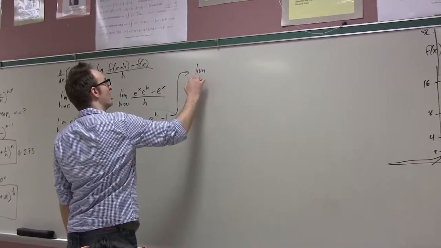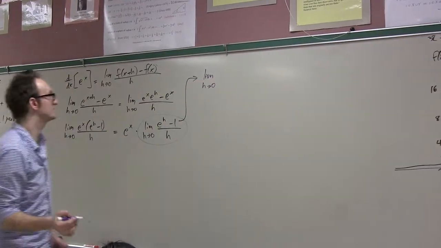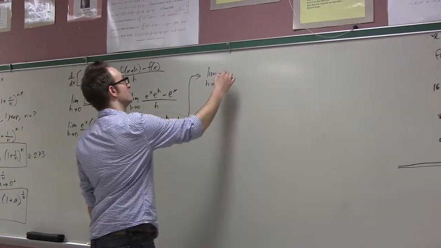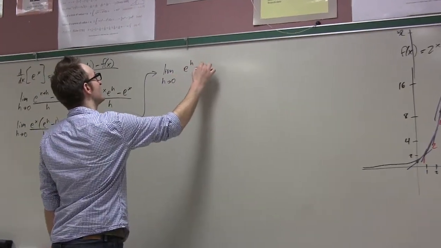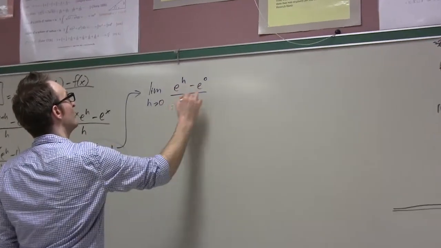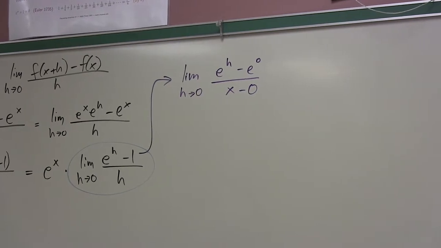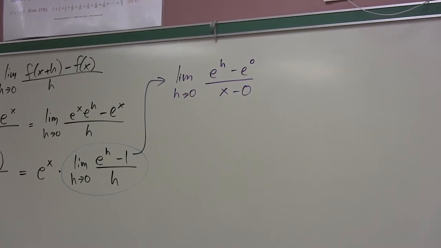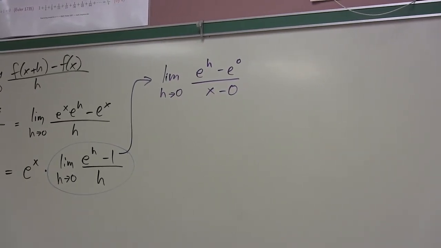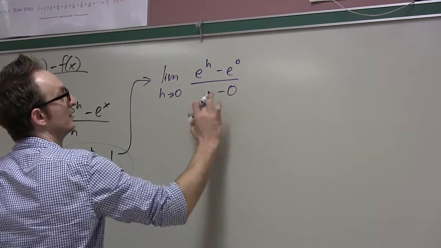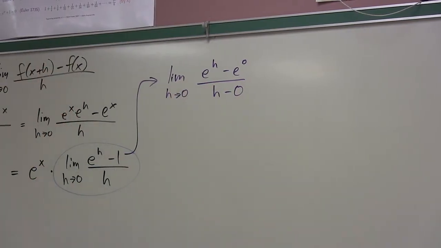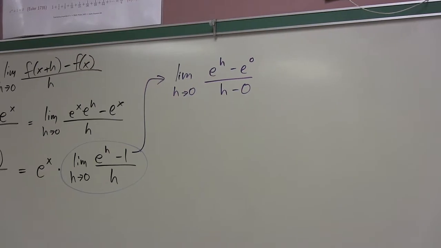If you rewrite this as the limit as h goes to 0 of e to the h minus e to the 0 over h minus 0, then in fact, that limit is just a derivative.